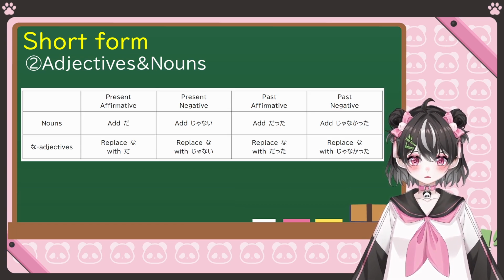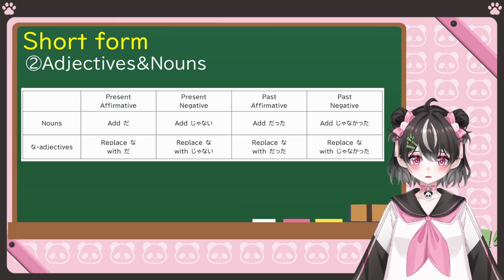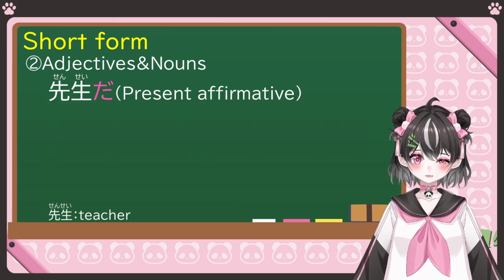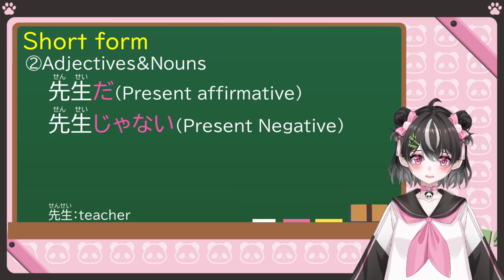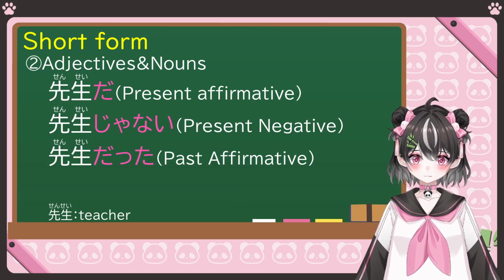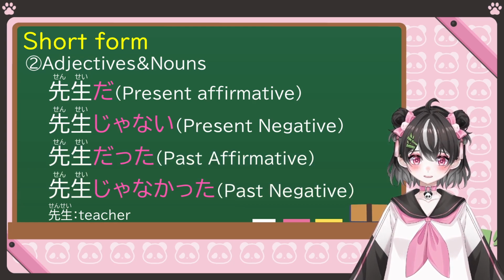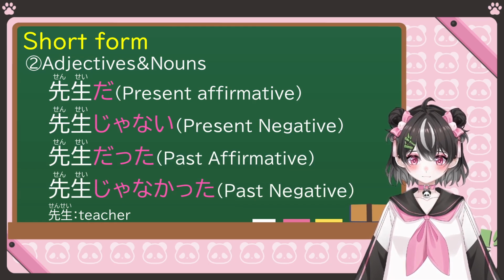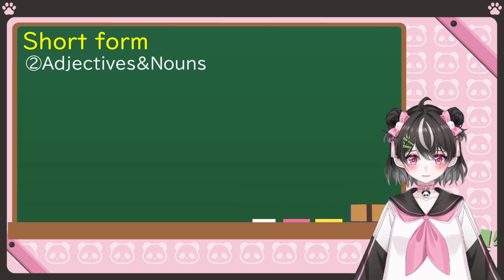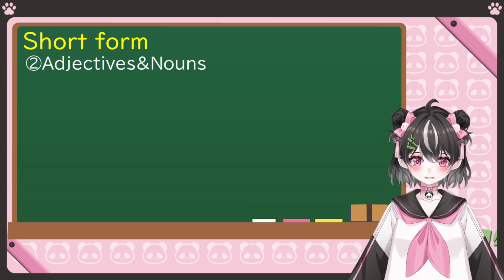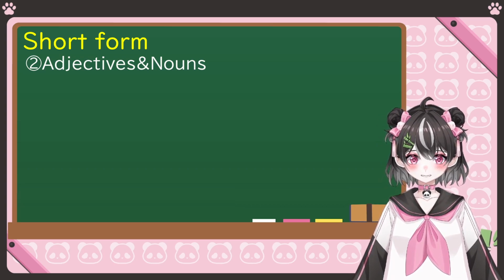Now I'll go over the noun short forms all at once. 先生だ。先生じゃない。先生だった。先生じゃなかった。That's how all of these forms conjugate. I know it was a lot. Great job!